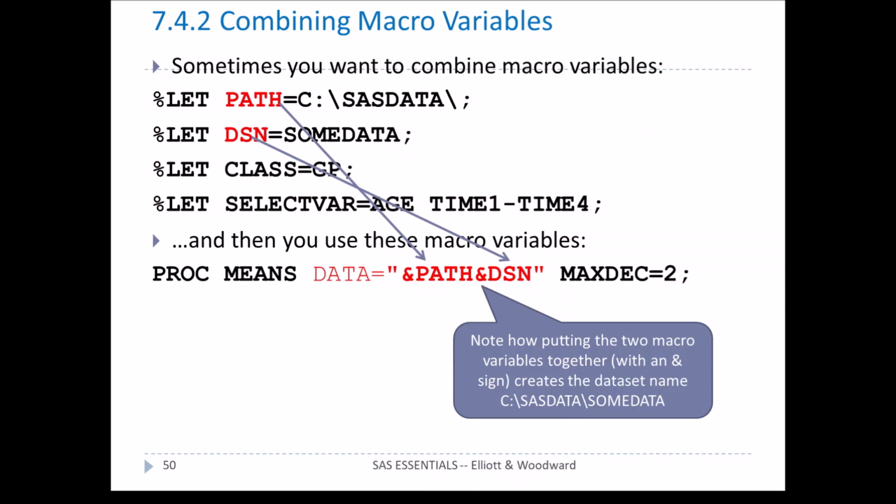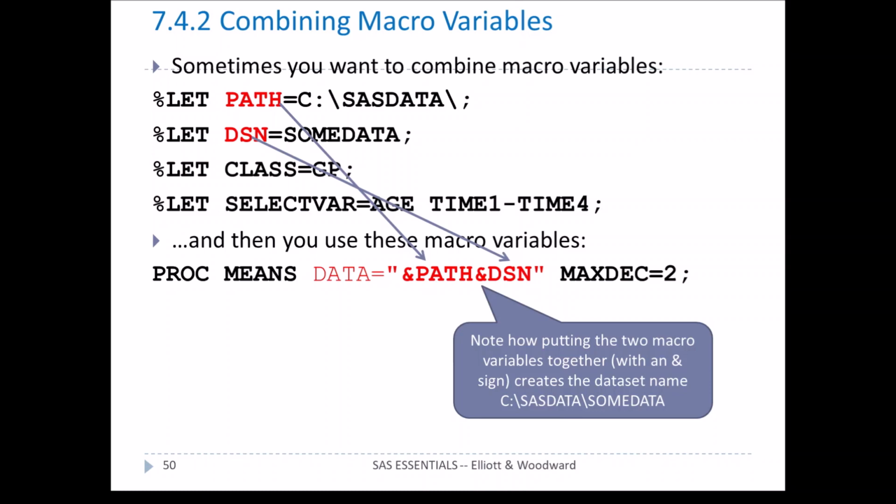Now we can also combine macro variables. This comes in handy because maybe you have data names that change or paths that change, things like that. So I'm going to define both the path and the DSN, which I'm going to call data set name. So there's the path, C:\SAS data, and the data set name is some data.